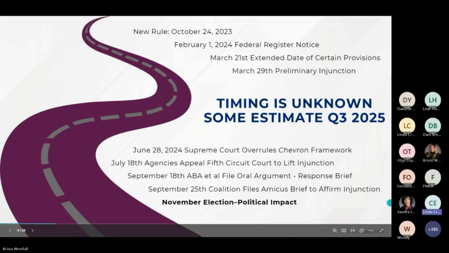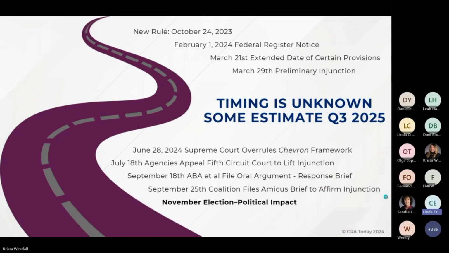If you know how I roll, put in the chat, what is your estimate for when we might have some sort of clarity around this? When do you estimate, if you had the crystal ball, when do you think this might be resolved? So, never. Fall 2025. Any other guesses? 2027.